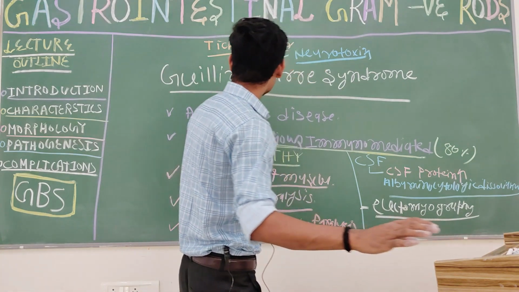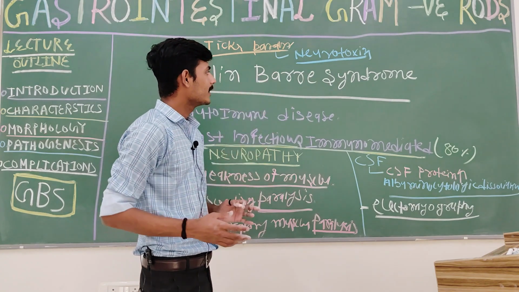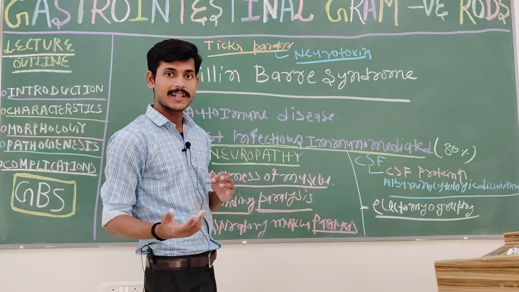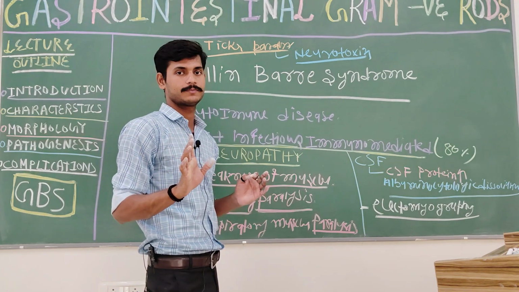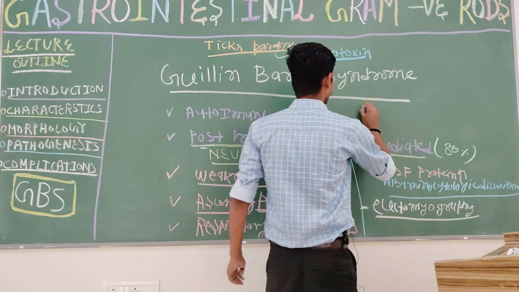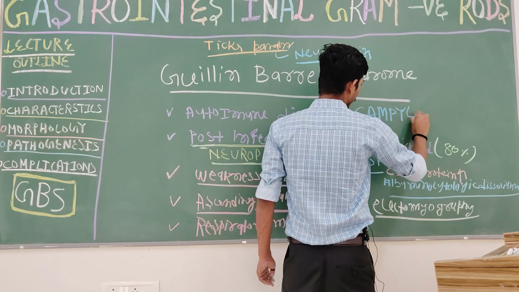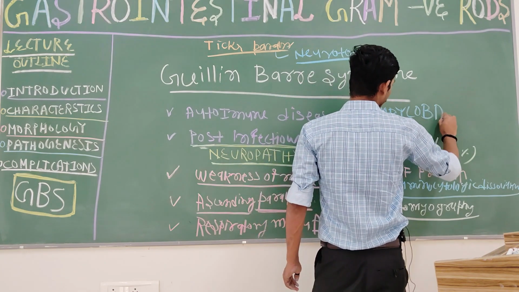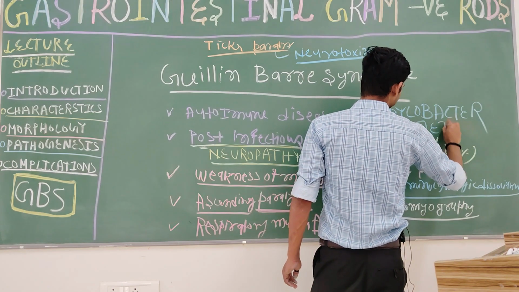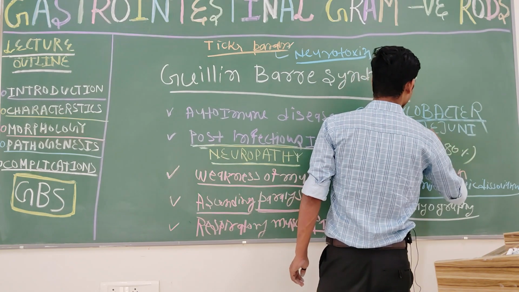So one of the bacteria which has a higher link between Guillain-Barré syndrome and bacterial infection is Campylobacter jejuni. Write it down.